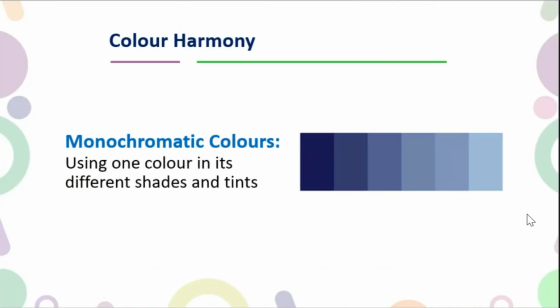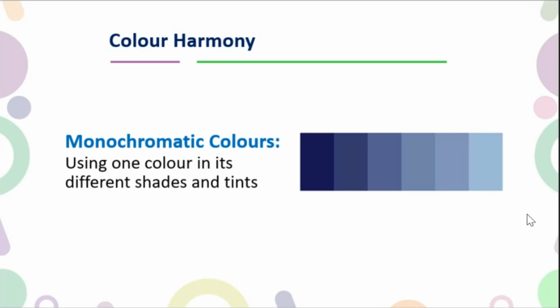Then we also have monochromatic colors. Monochrome means the use of one particular color. So monochromatic colors means using a particular color in different shades and tints. When we talk about shade, maybe I take red. If I add a little black to it, I am shading it.